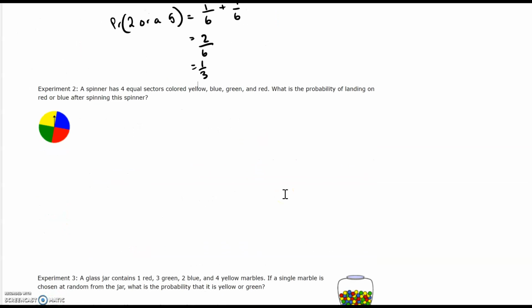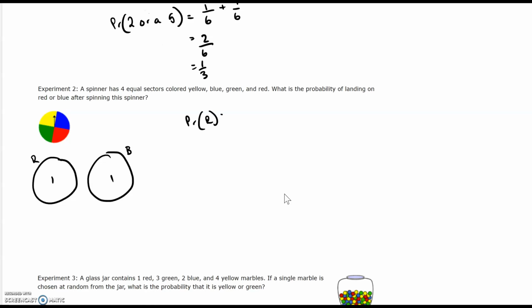Second experiment: we have a spinner that has equal sectors coloured yellow, blue, green, and red. What is the probability of landing on red or blue after spinning the spinner? Again, this is mutually exclusive because we're looking at red or blue, and there's one outcome where we get red and one outcome where we get blue. So our probability of red is 1 out of 4, and our probability of blue is also 1 out of 4.